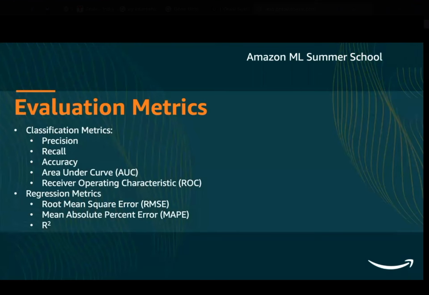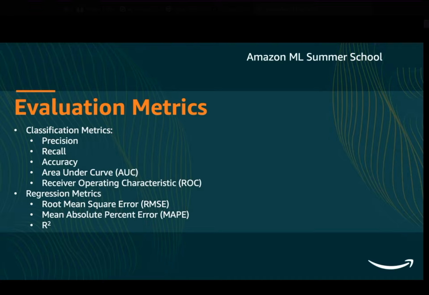So let's begin with evaluation metric. Now, evaluation metrics explain the performance of a model. Evaluating a model is a core part of building an effective machine learning model pipeline. What happens is that generally you build a model, you get feedback from the metrics which you compute about the model.